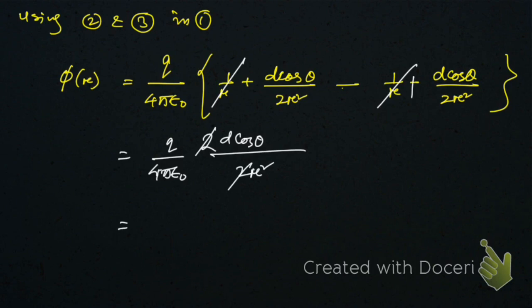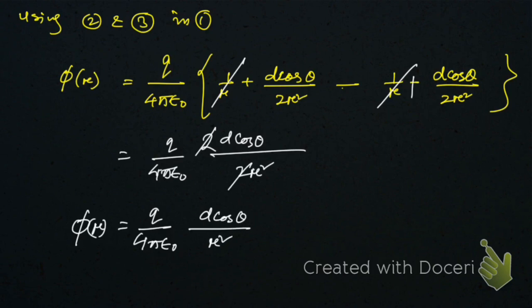So we have got that phi r, the potential due to this dipole at P, is q by 4 pi epsilon naught d cos theta by r square. That's what we will get. This is the result, right?